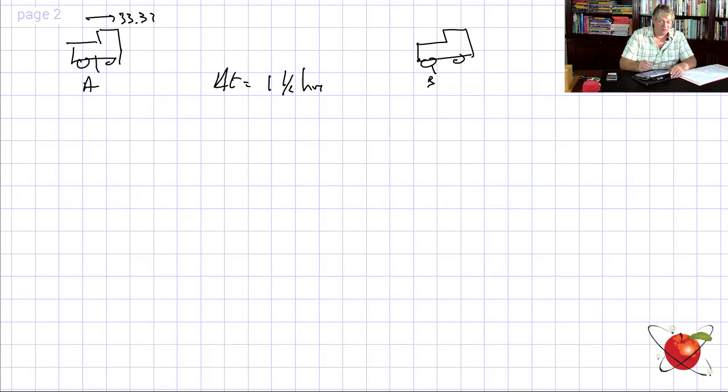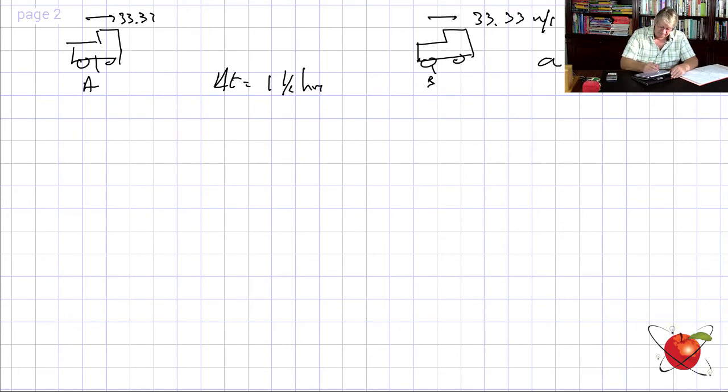Now, the velocity over here is still 33.33 meters per second. Can you see there's no acceleration, because acceleration is delta v over delta t. Delta v would be 33.33 minus 33.33 over 1.5 hours, which we're going to convert now.